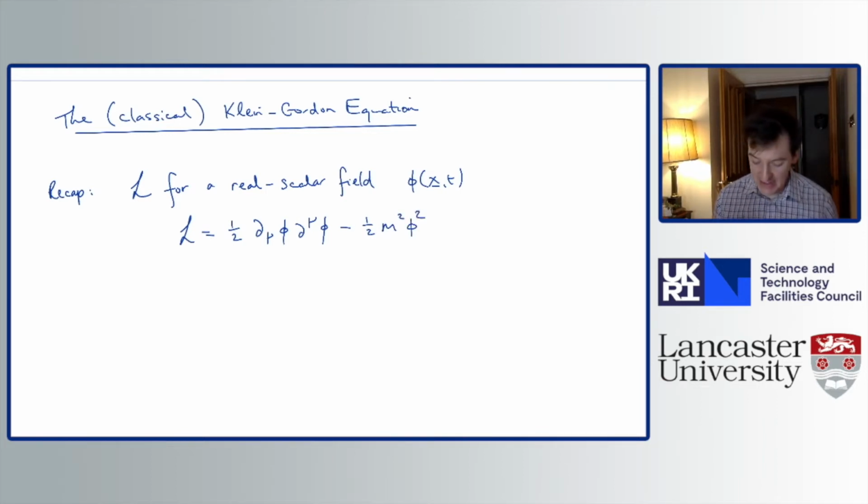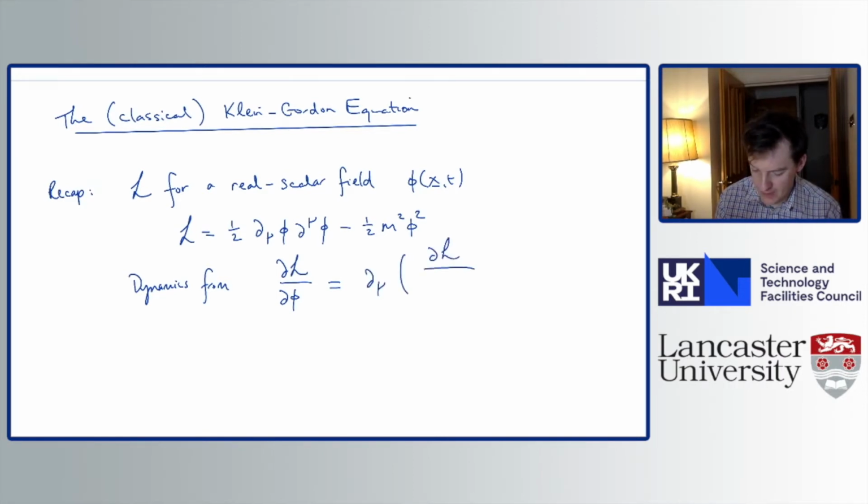And so we said we can get the field equations, or dynamics, from the Euler-Lagrange equations. You should be able to go from this Lagrangian, using the Euler-Lagrange equation, and end up with the Klein-Gordon equation.